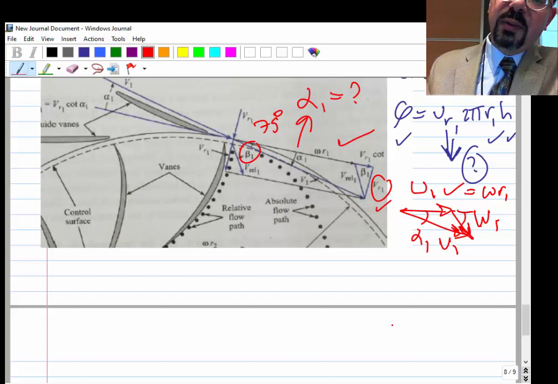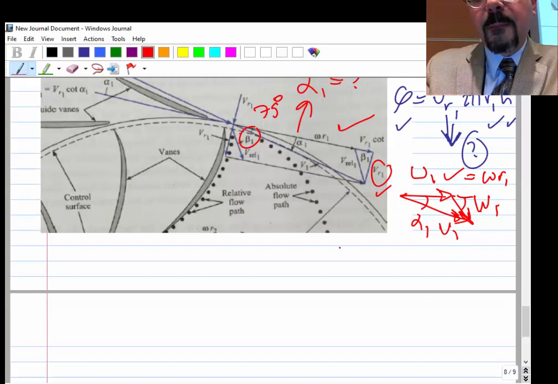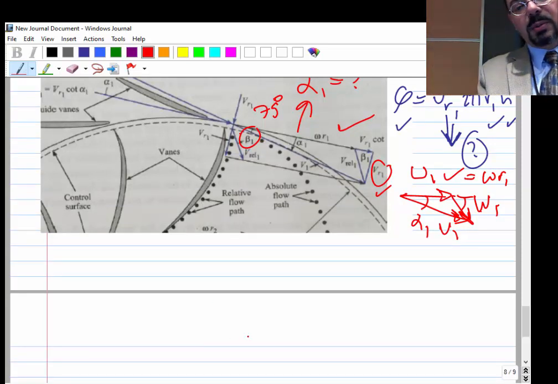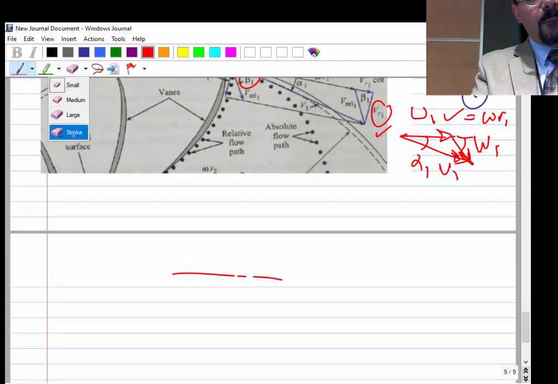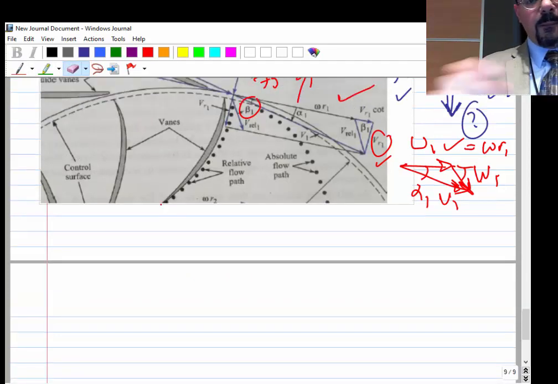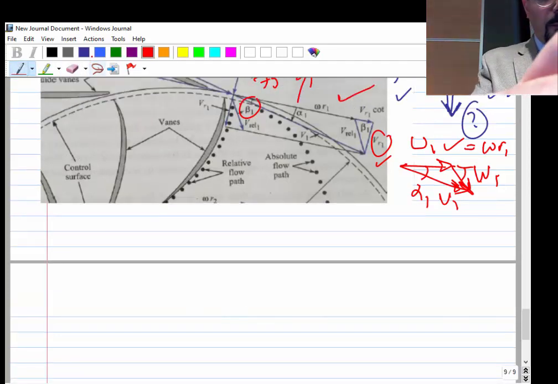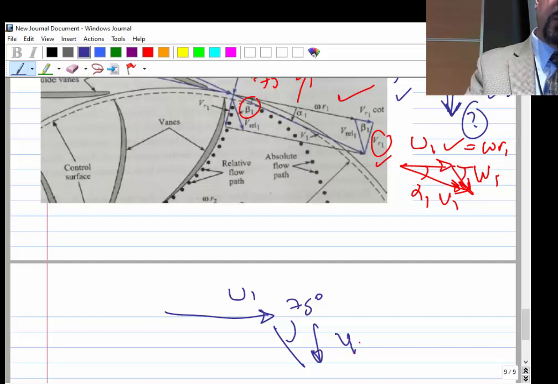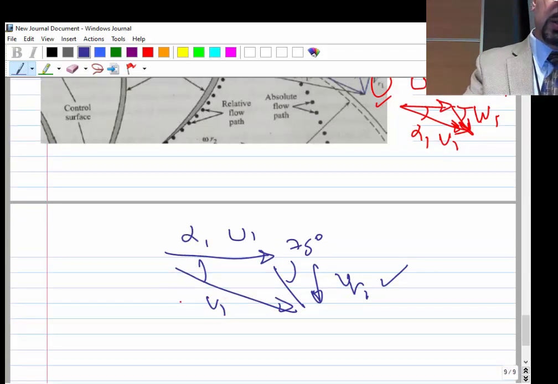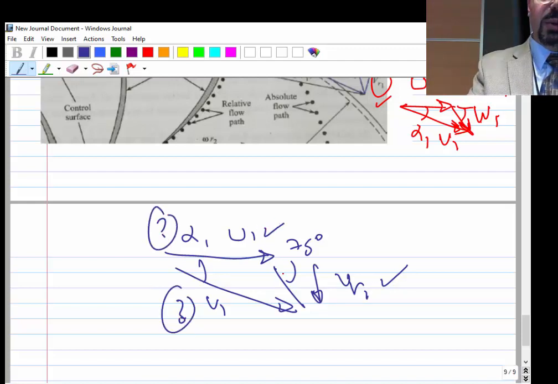So we know this angle 75. Can someone help? U1 is given, 75 degree is given, that height VR1 we just calculated, and he's asking for this alpha 1, and we don't know V1. So this I don't know, and this I don't know, but U1 is given and VR1 is given.